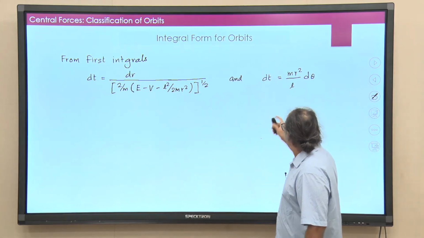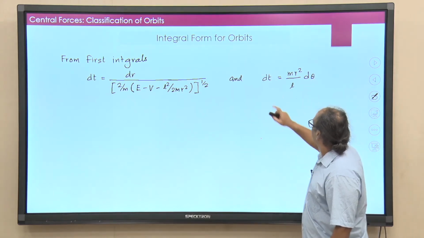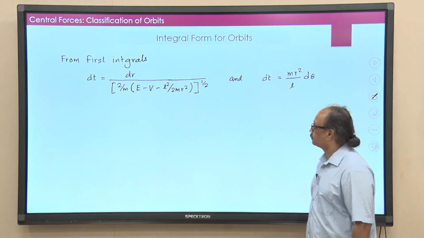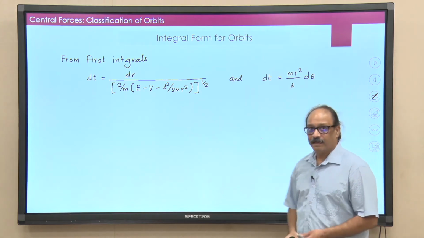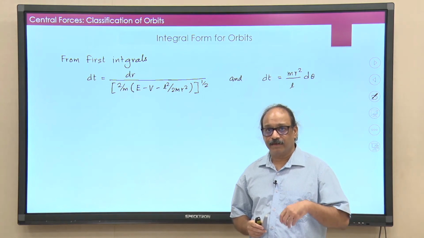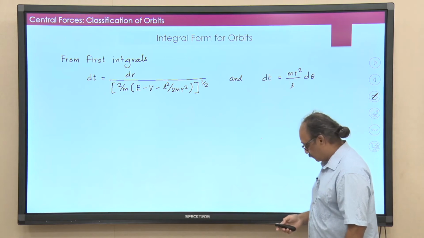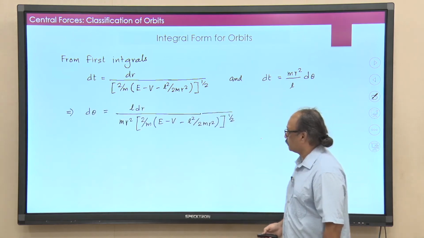And also from d theta by dt, I have another equation, dt can be written in terms of theta, and this is how I can eliminate time t. Instead of eliminating t, you eliminate differential dt and you would get one single equation. So, here is another equation.